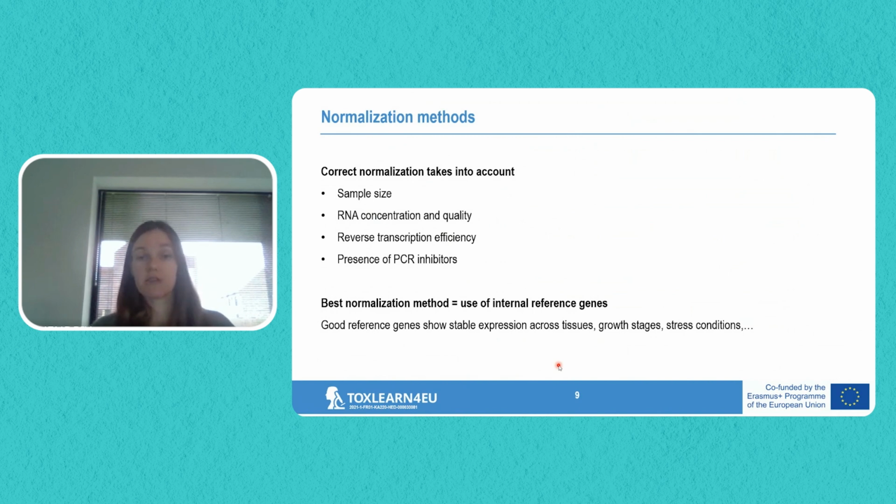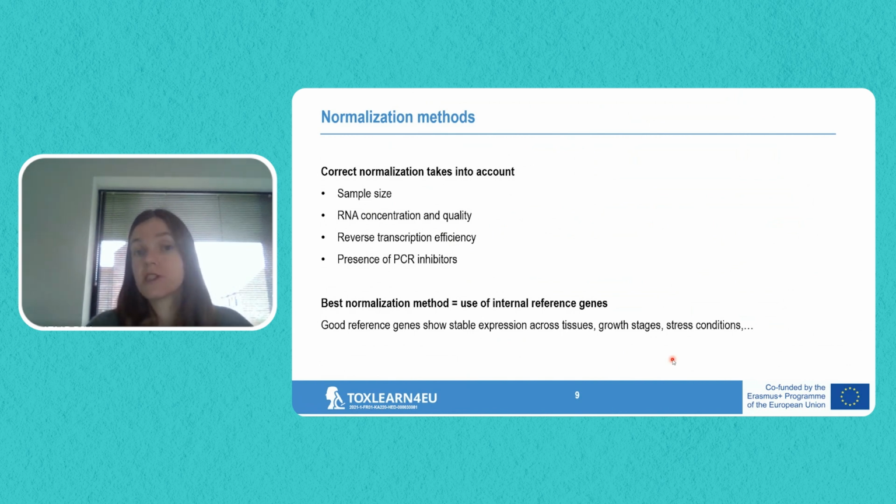So basically, their expression should be relatively stable, irrespective of all these things, such as tissue, growth stage, stress condition, and so on. So let's say you perform an experiment with plants which are exposed to a certain stress condition. This could, for example, be cadmium stress.